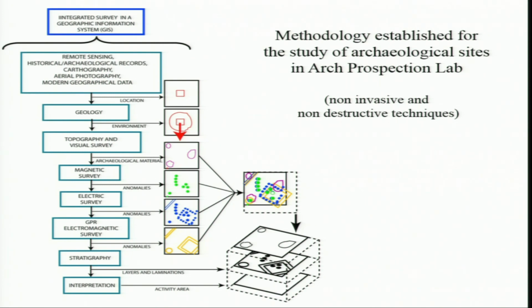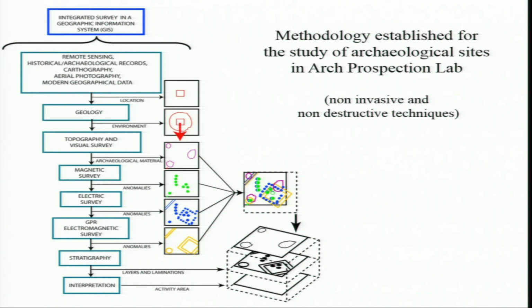And then with this previous information, we go into the archaeological site and make a survey and the topography of the area, and sometimes we use a drone to get the image of the area we are working on or want to work on.